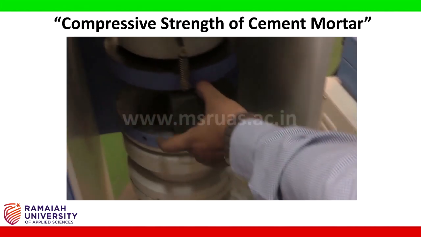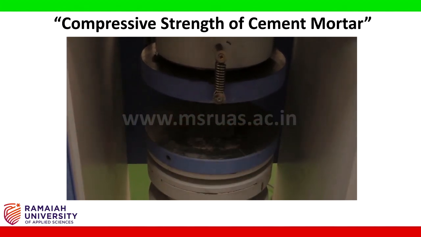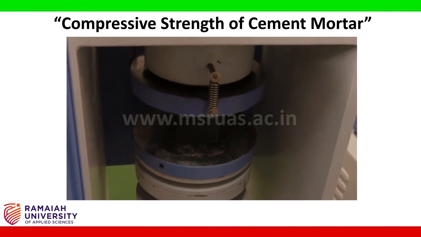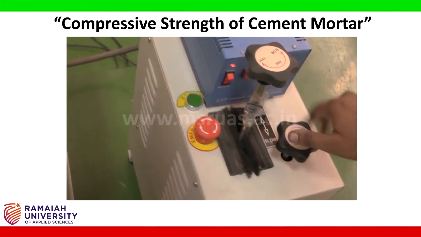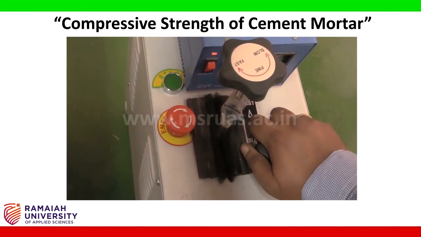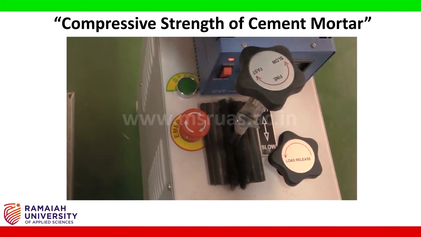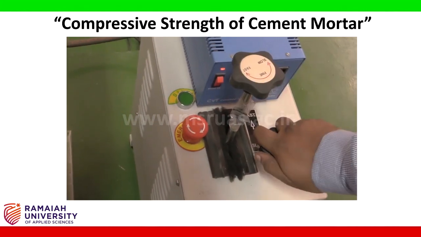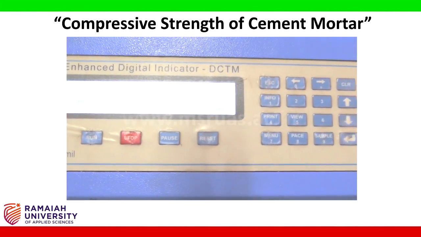I am going to place it on the compression testing machine, and I am going to run the experiment. Before running, make sure that your load release valve is locked completely and your emergency button is removed. Give a start command of your hydraulic jack and run the setup.